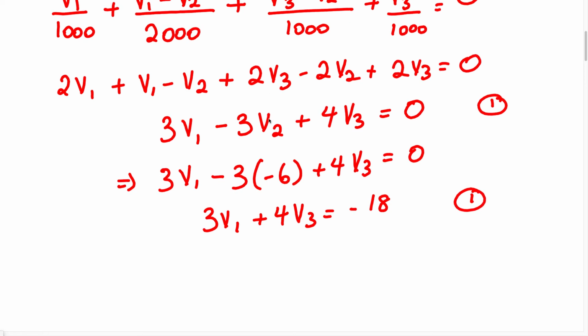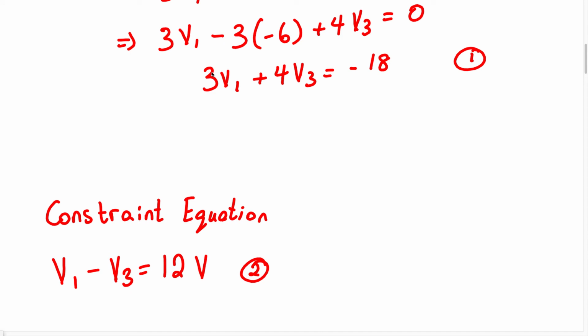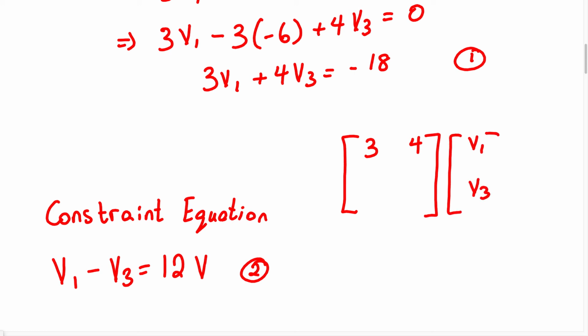Now when we look at this, we have two equations and we have two unknowns. So we can just use simultaneous equations, or you can use the matrix method. I'm just going to use the matrix method. So I'm going to have a 2 by 2 matrix, which is going to be 3 and positive 4. We know the unknowns are V1 and V3, and that's going to equal negative 18 for equation 1. And for equation 2, we're going to have a positive 1 and a negative 1, and that's going to equal positive 12.